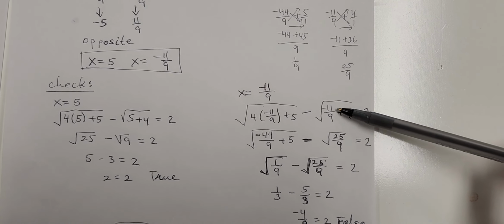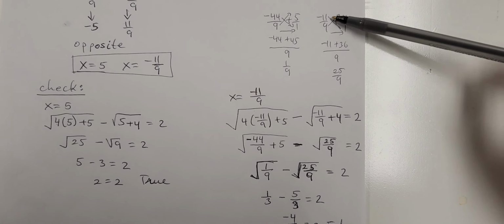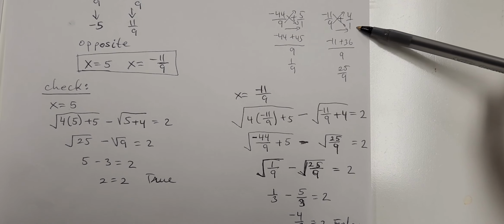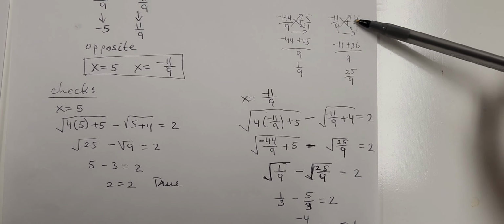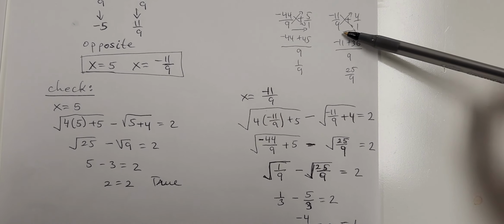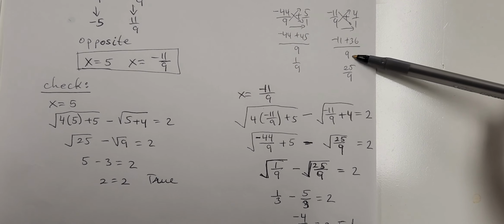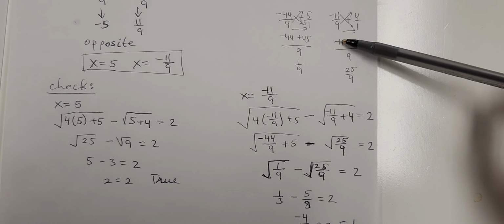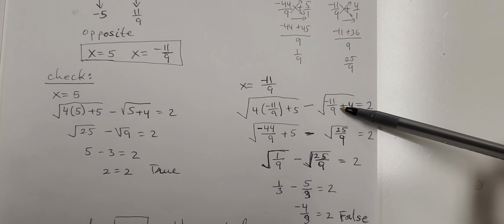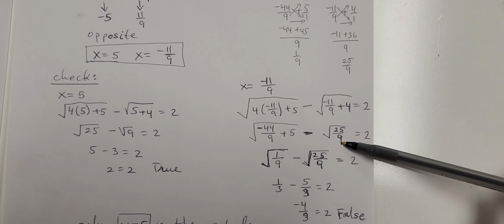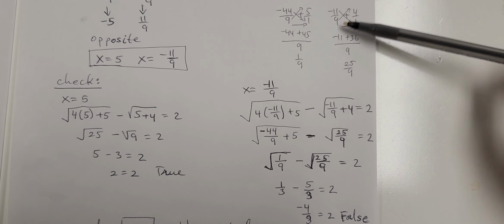Same thing over here, negative 11 over 9 plus 4. 11 times 1 gives me that negative 11, and 9 times 4 gives me 36. Underneath, 9 times 1 is 9. Adding the top gives me 25 over 9. So this part where I'm circling is 25 over 9, and this is the work up here.